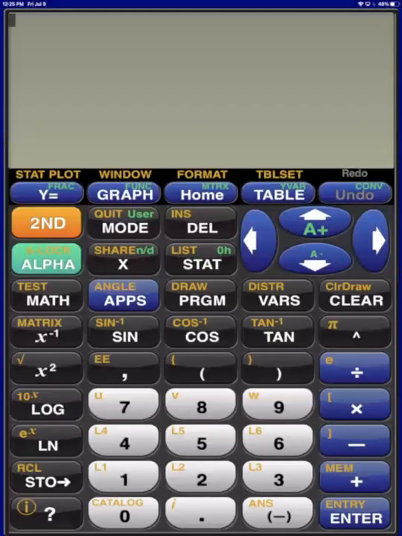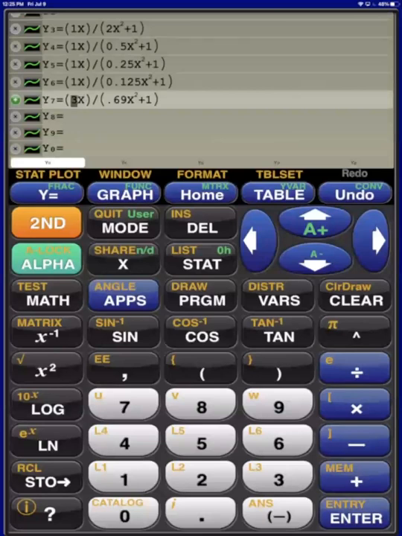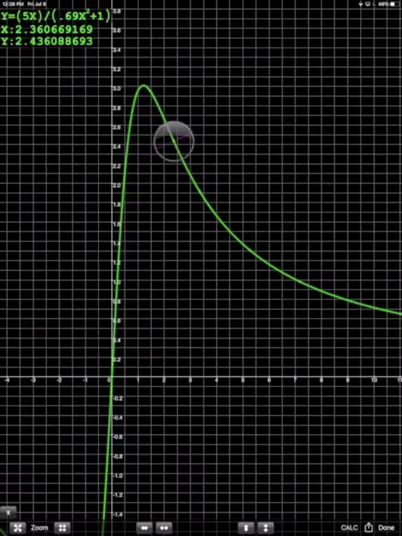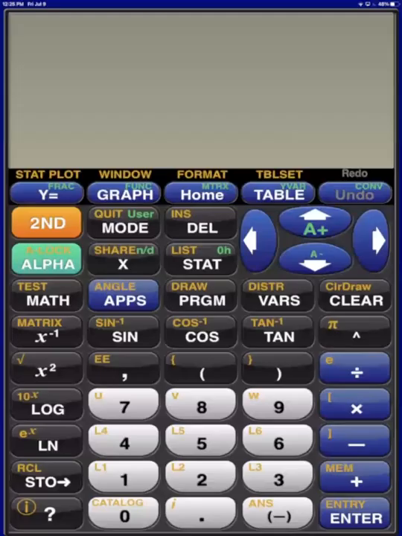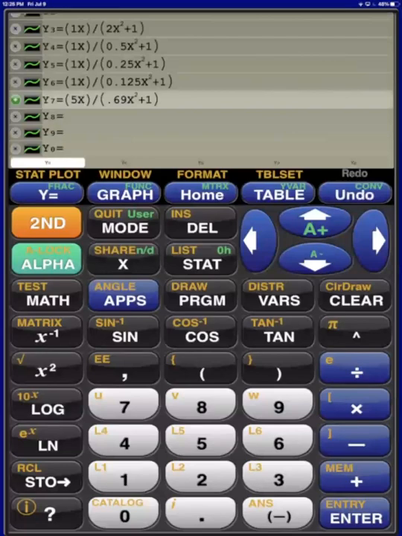So why don't we go, let's see, we did 3. Why don't we try 5? Let's see what we come up with. Oh, it's getting pretty close. So it's at 3.0 almost. And we had to go to 3.2. So let's make one more adjustment.